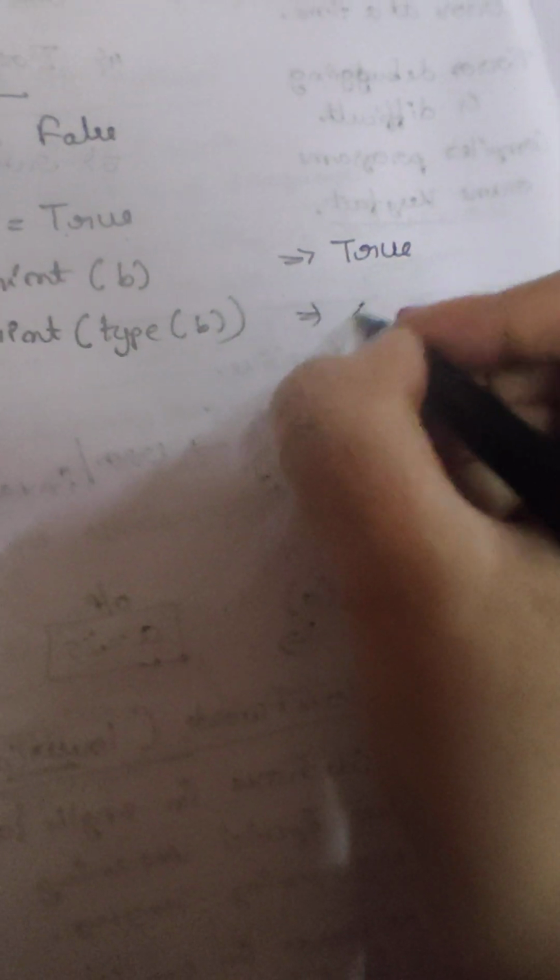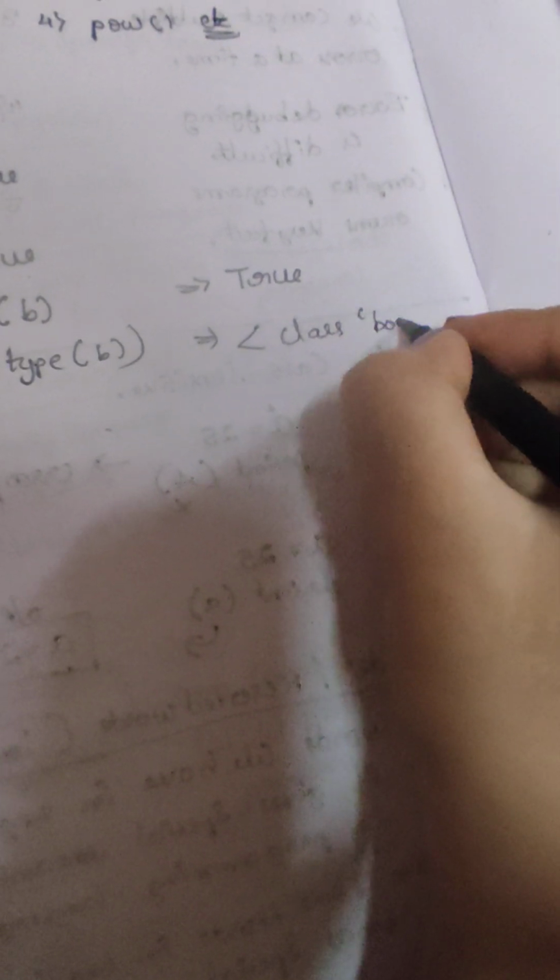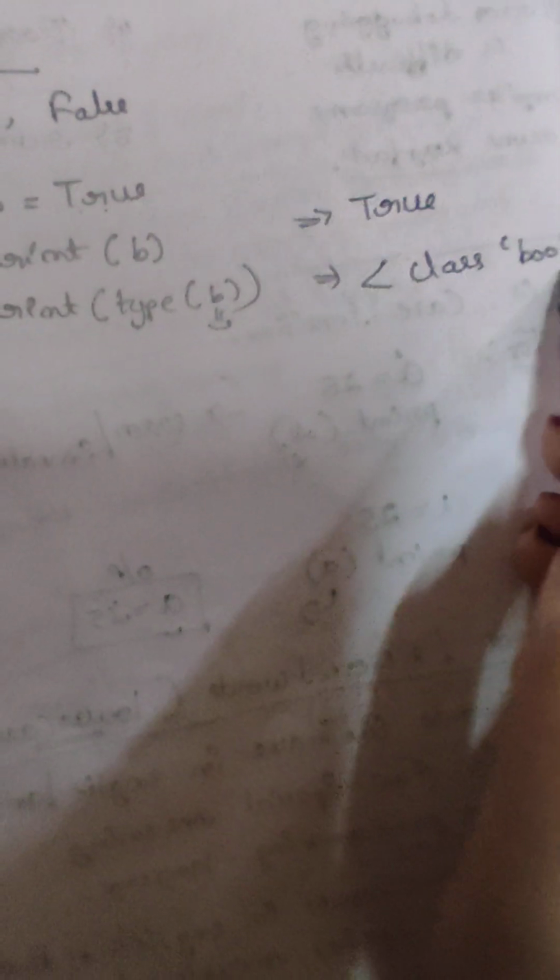Here B value is true. Print of B means it prints the value of B. It prints true. And type of B, which type have we given? It will print class in single quote bool, because B is a Boolean value. I have given true for B, so it will print B's type as bool.